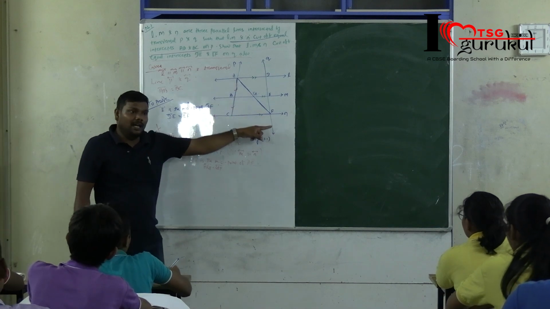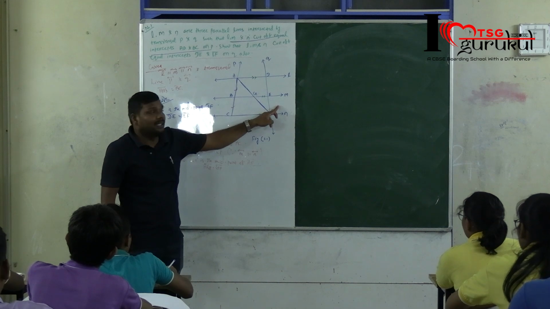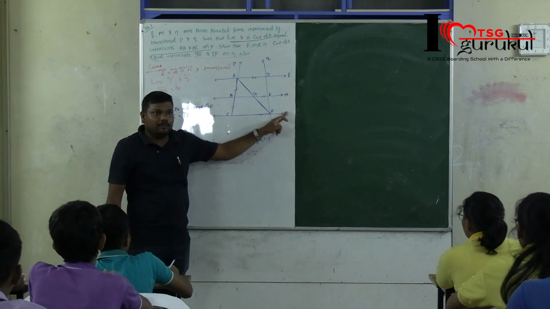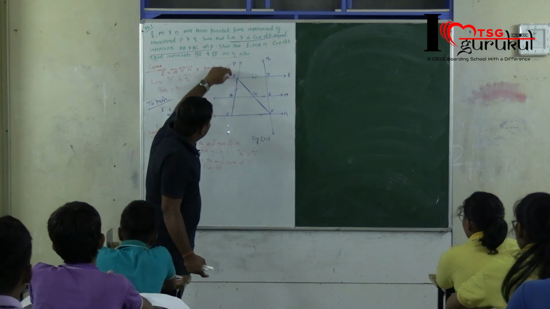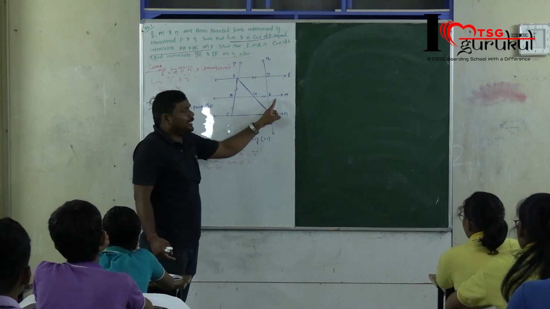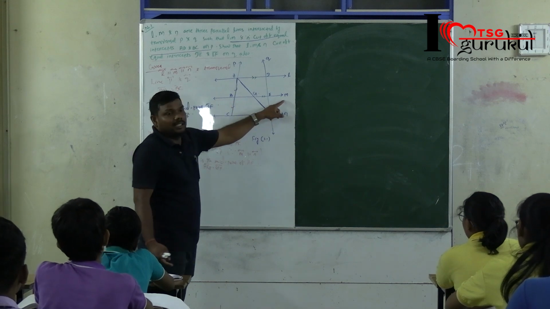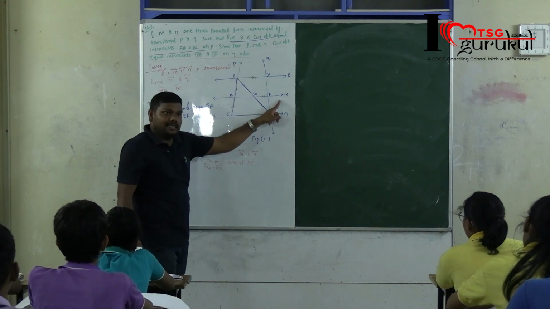And also AD is parallel to GE. Why? Given that L is parallel to M, and line segment AD lies on line L and line segment GE lies on line M, so AD is parallel to GE.